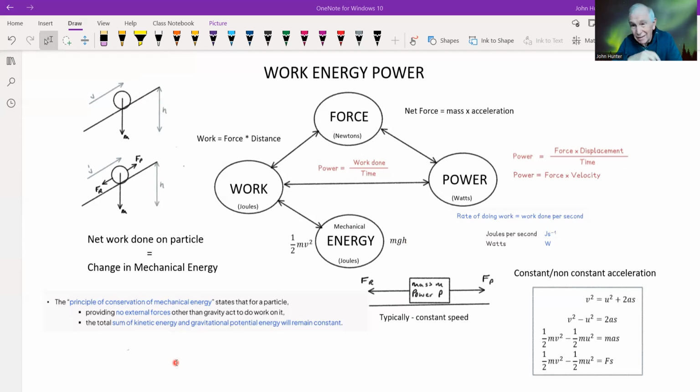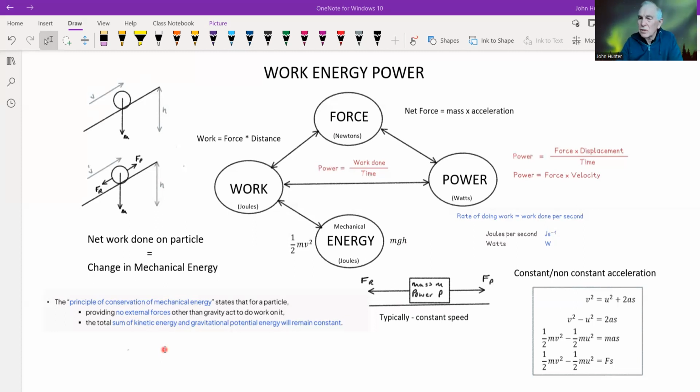If the ball's at the bottom of the slope, for instance, with no potential energy and no kinetic energy, and a force is applied that pushes it up the slope, it increases the mechanical energy of the particle, in that case by increasing the potential energy. So that would be adding to the total energy.